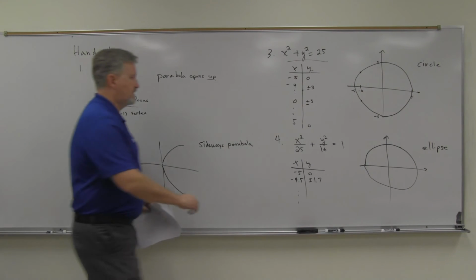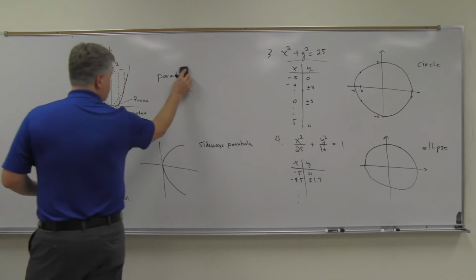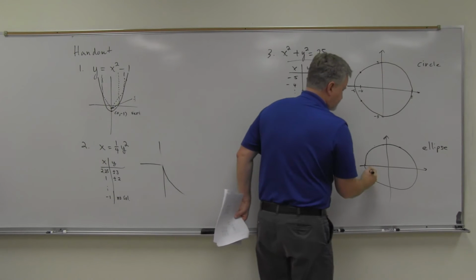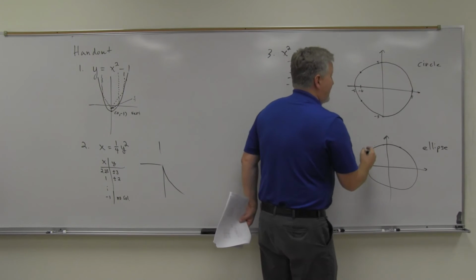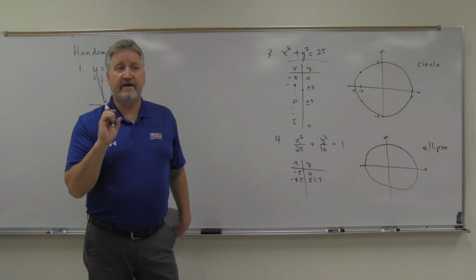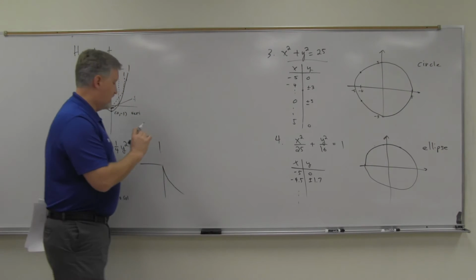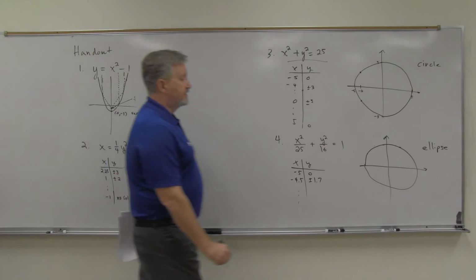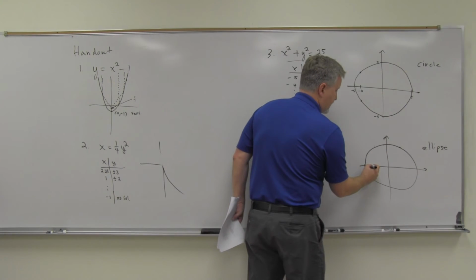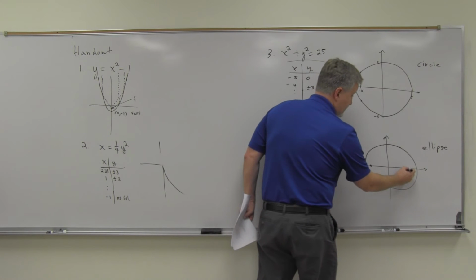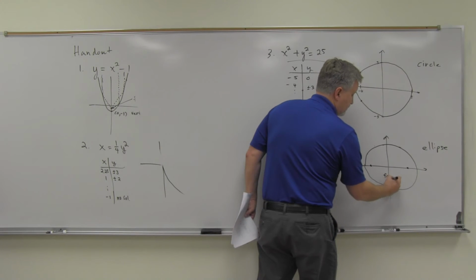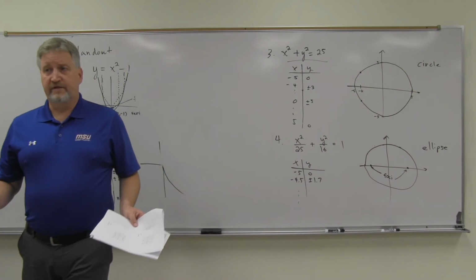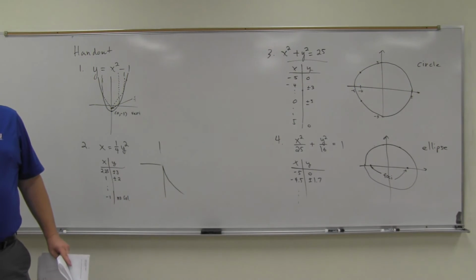All right, and then the last 2, like I said, the complicated one. Before I leave the ellipse, let me just mention that on the parabola I talked about the focus. On an ellipse, there are 2 focus points, foci, and they're located on that longer axis.